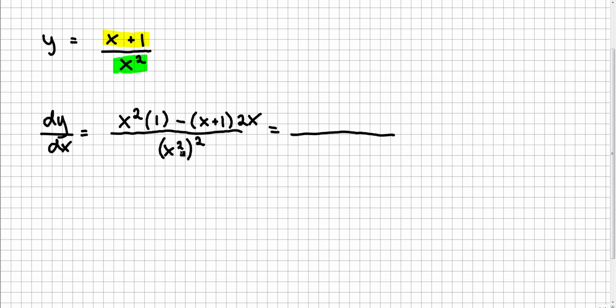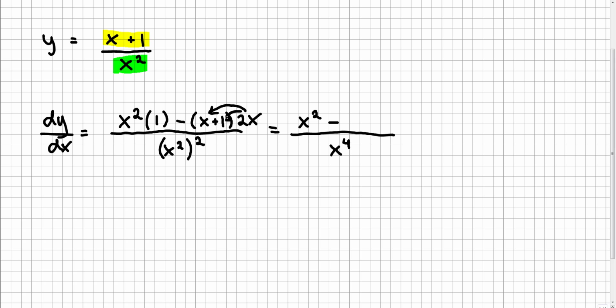Down here it's x squared to the power of 2, and we can simplify this by multiplying 2 times 2, so it's going to be x to the power of 4. Then up here we have x squared times 1, which is just x squared, minus, and then how about we simplify this?